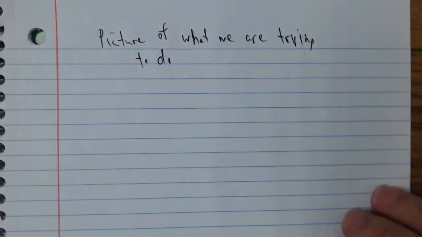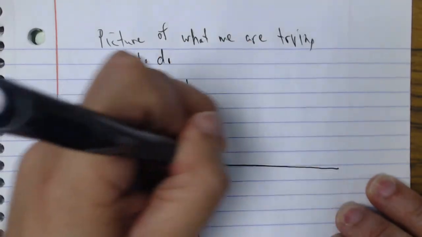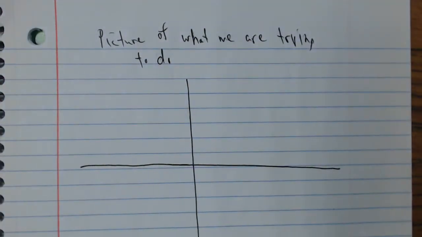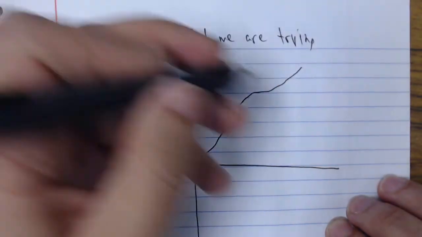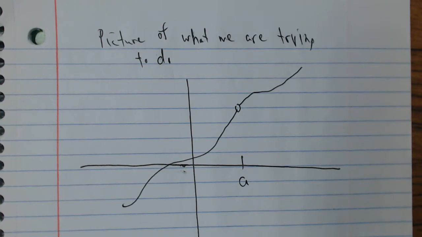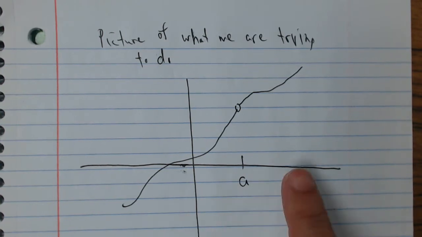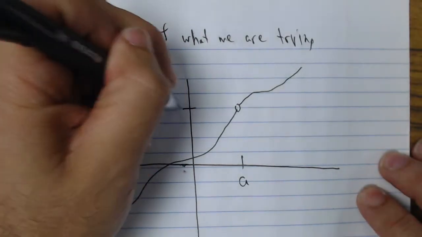Let's say we have some function that looks like this, and that's a. Clearly we know in this class that the limit as x approaches a of f of x exists. So let's actually call this L.